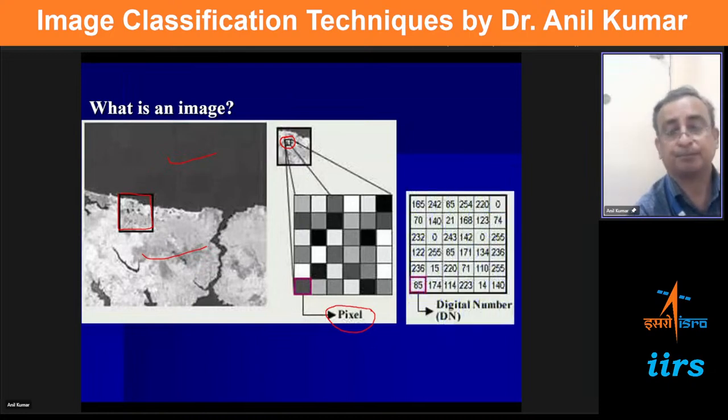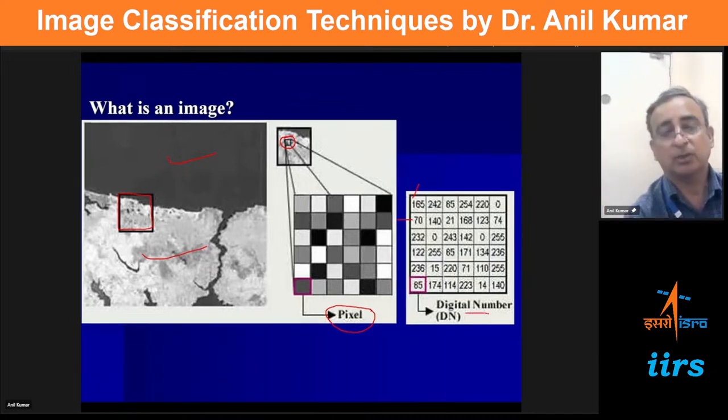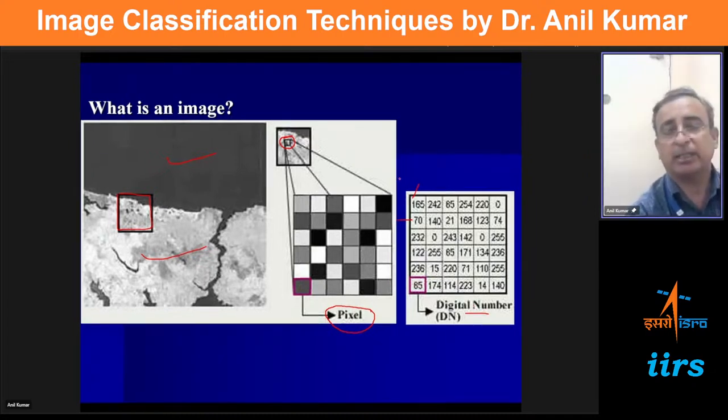And further, if you zoom it, you find these squares are represented by numbers, which can be float values or integer values. Here I'm showing integer values, and these are called digital numbers or DN values. So finally when you zoom it, you see the arrangement of numbers in the form of rows and columns. So here you see rows and here you see the columns.